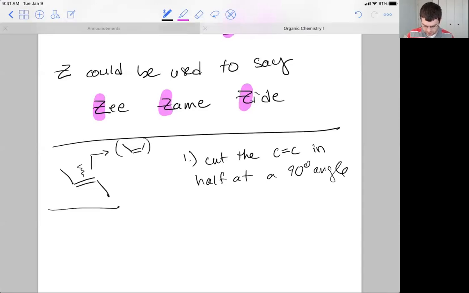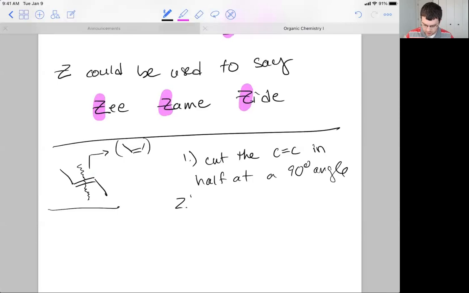So I'm just going to cut it in half. All right. So now I have a left side and a right side. Oh, I took too much. Okay. So we have a left side and a right side. Maybe I can do this. There we go. There's my right side.